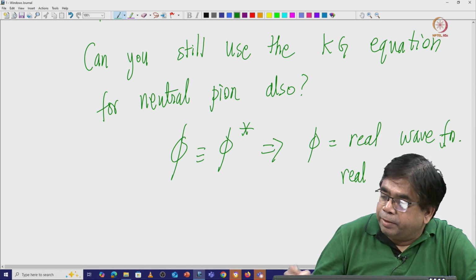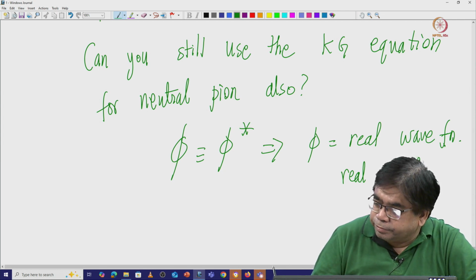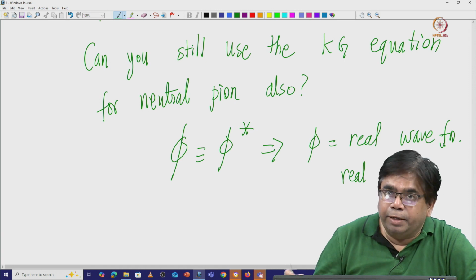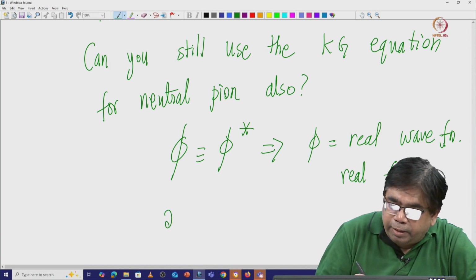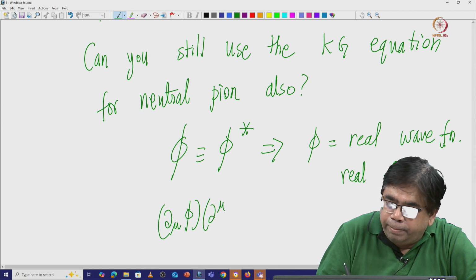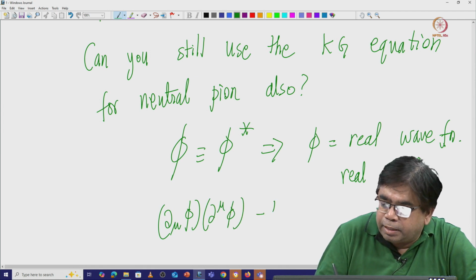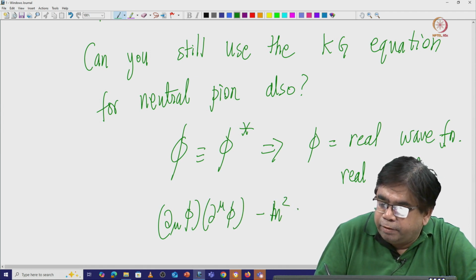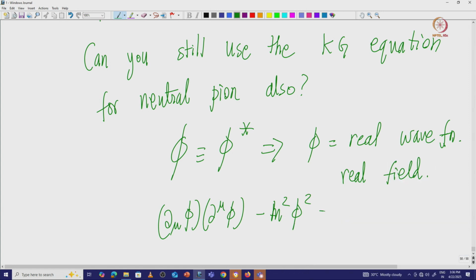Exactly like that, but you have to be careful, because when you are deriving, del mu phi minus m square phi square. So, this is the Lagrangian L_KG. There is no dagger, no star, nothing. So, this is nothing but del mu phi whole square.